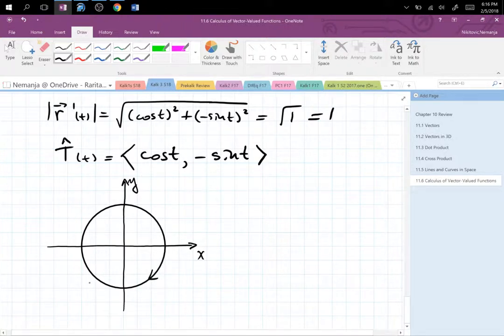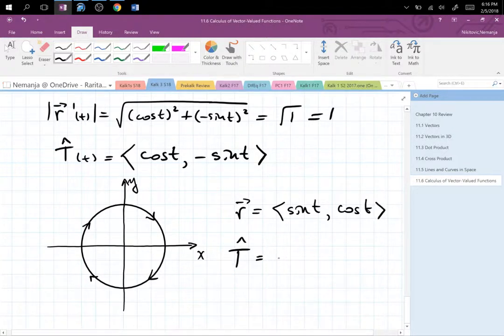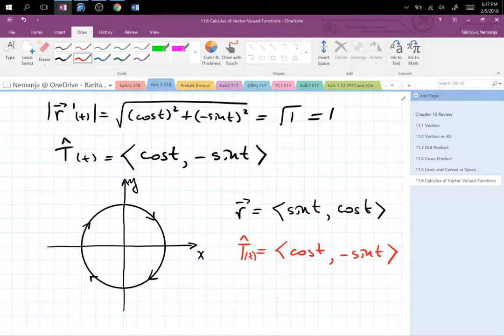What I'm claiming is that this is the circle with the clockwise orientation, because r was given as sine t, cosine t, and we also have the unit tangent vector, which I'm going to do in red, in terms of t, given as cosine t, negative sine t. Does this make sense?